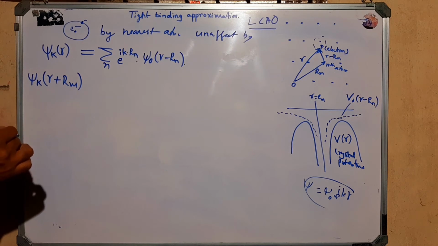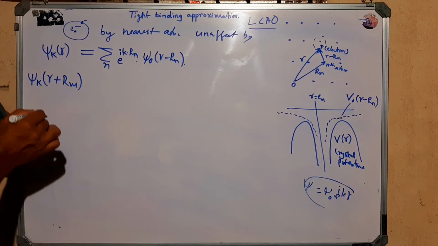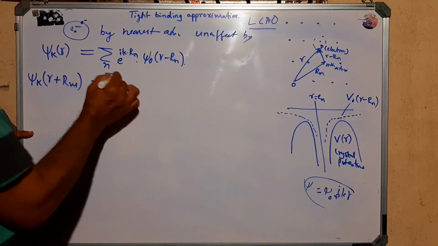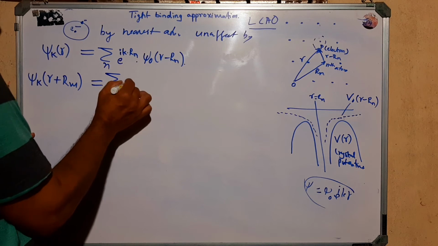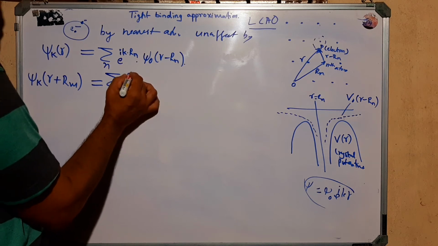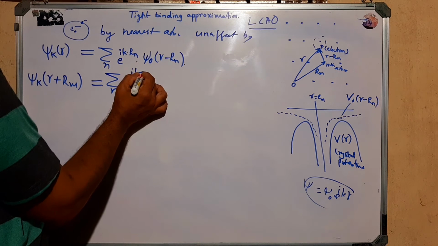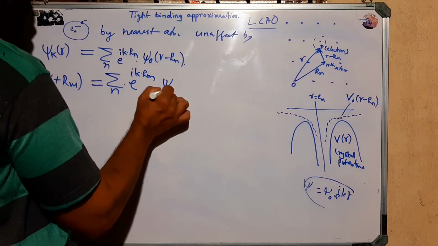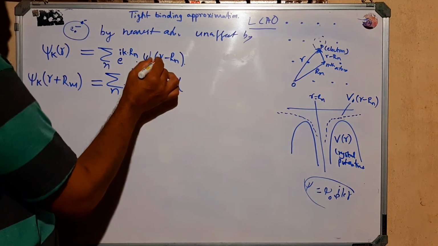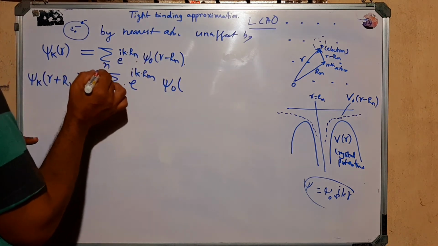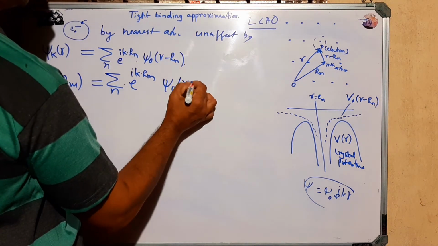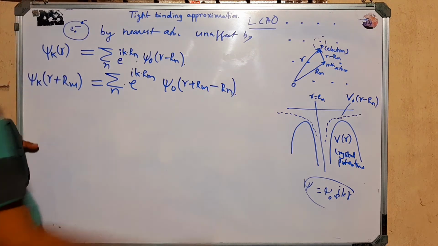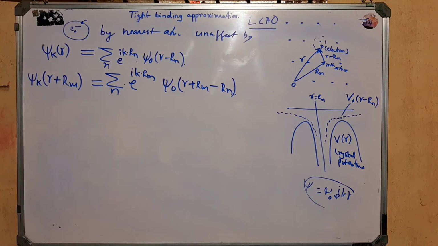Okay. So xi k of r plus rm is equal to sigma n e to the power i k into rn, xi naught of, in the place of r, you have r plus rm minus rn.